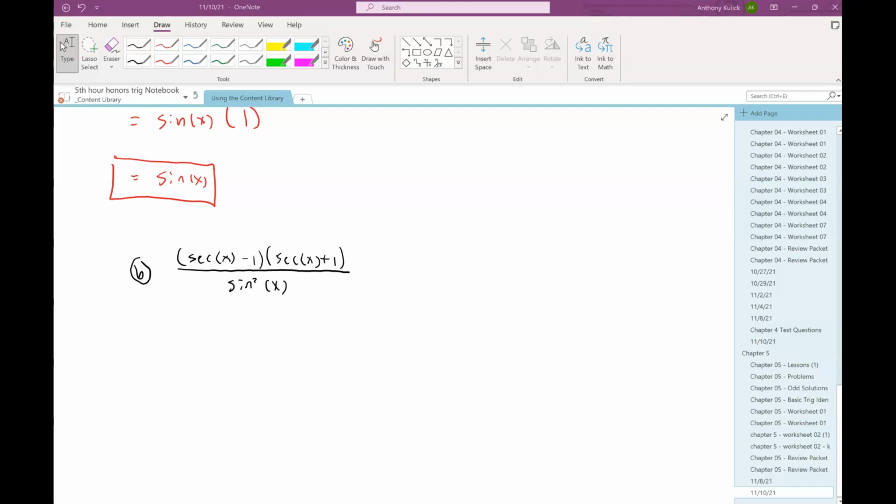Do you guys see an algebraic thing that you might want to do here first? Well, it's already in factored form, right? Do you mean FOIL? Yes, that's what I would do, absolutely. And why FOILing seems appealing to me is that I have a difference of two squares here, like an a minus b times an a plus b. Everybody's okay with that?